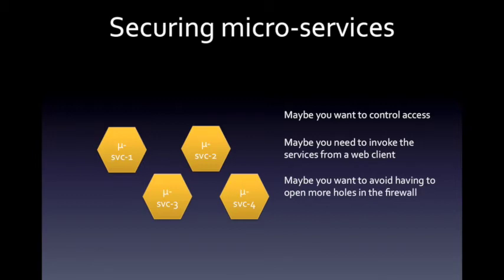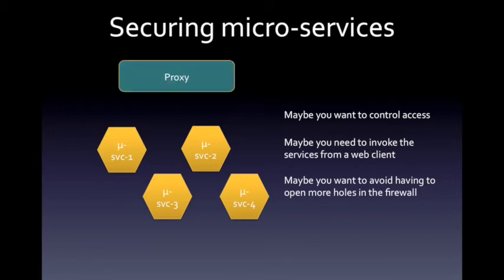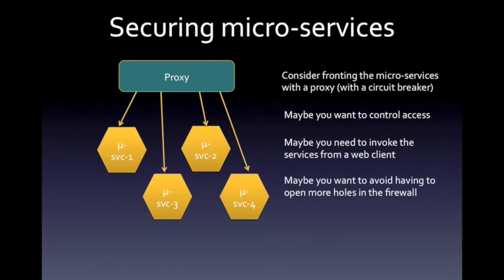So here's one approach that you may want to consider: pushing the microservices behind a thin server-side proxy, ideally with a circuit breaker. So if one of the microservices goes down, you don't want a ripple effect that eventually takes down the proxy, starves access to healthy microservices, and bubbles up all the way upstream.